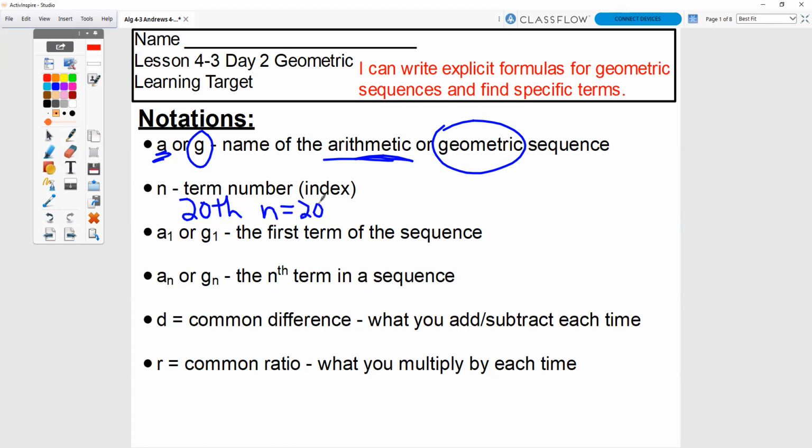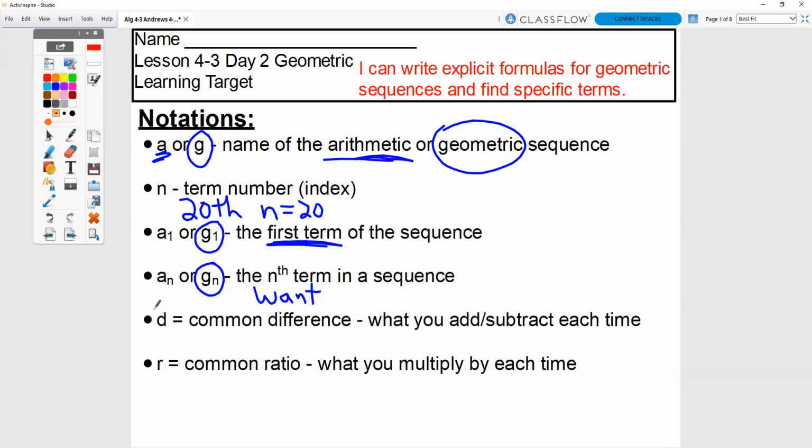That's sometimes called the index. A sub 1 or G sub 1. You'll see G sub 1 today. That is the first term in the sequence. So whatever number comes first, going from left to right, just like you read a sentence, that is your G sub 1. We're also going to see G sub N today. G sub N is the term that you want. It is the nth term in the sequence.